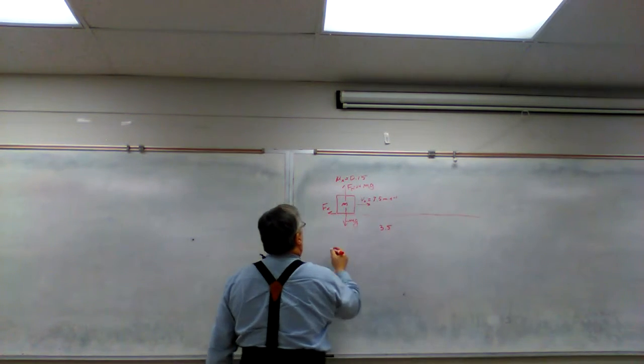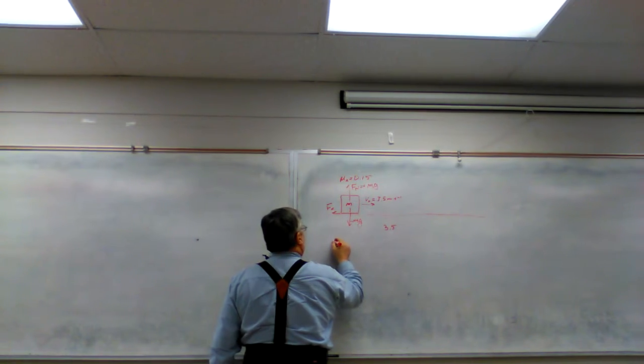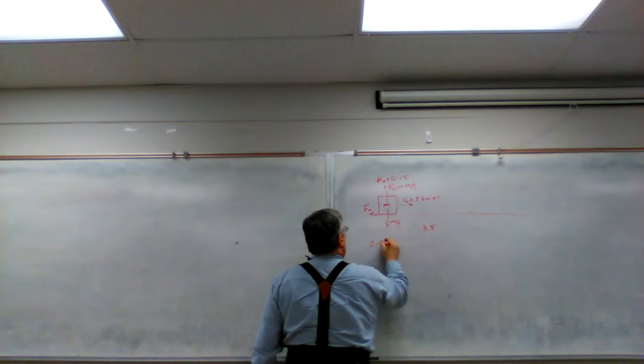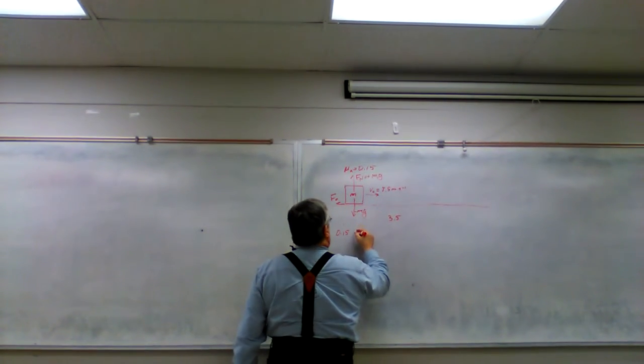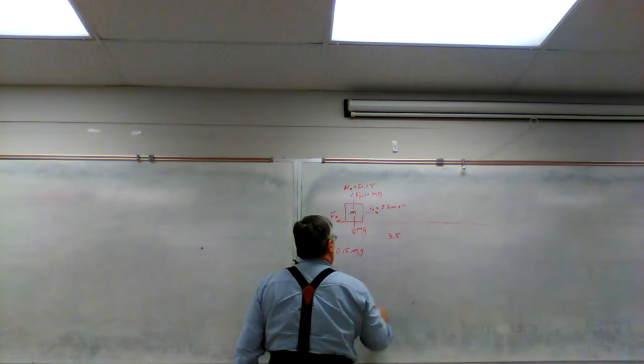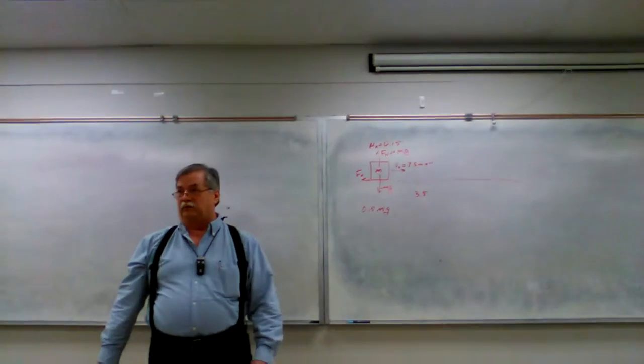We'd also know that the force due to friction is equal to 0.15 times mg, times the normal force.